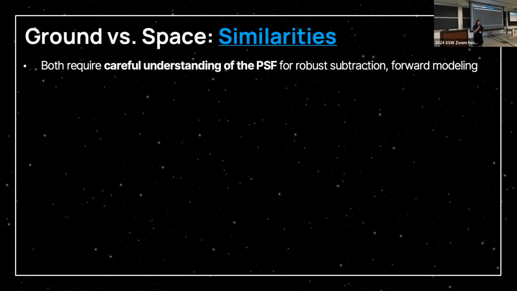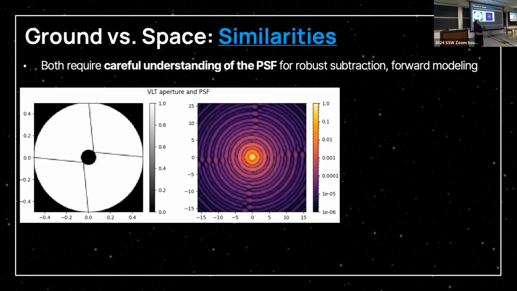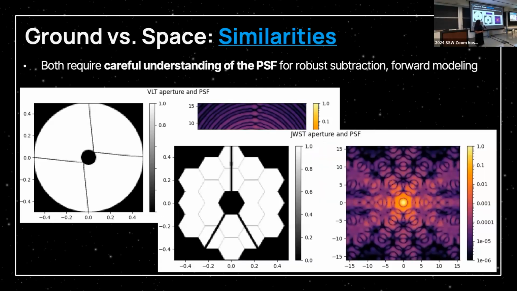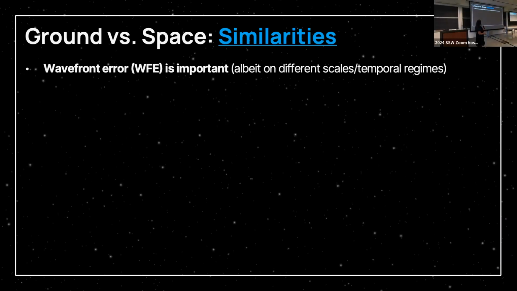And actually, all of you have done this from the first day, in the first hands-on session, by simulating what a ground-based PSF should look like from first principles, and also what a complex multi-segmented telescope PSF should look like, not including the many aberrations that we have to consider in this regime. But we need to understand these as well as we can from optical design principles to be able to characterize our instruments. The other thing we care about from both the ground and from space is wavefront error.